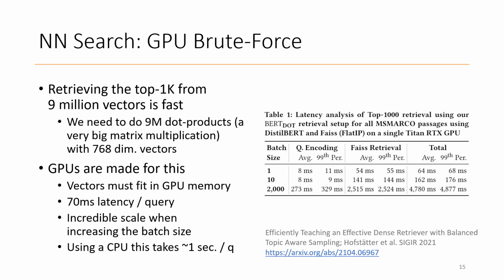We can use a batch size of up to 2,000 queries at a time, which then only takes 5 seconds to compute, which means it's very easy to run inference on all MS Marco training queries in a matter of minutes. Using a CPU to do the same task, it would take 1 second per single query, and CPUs, of course, don't scale as well as GPUs in this case.